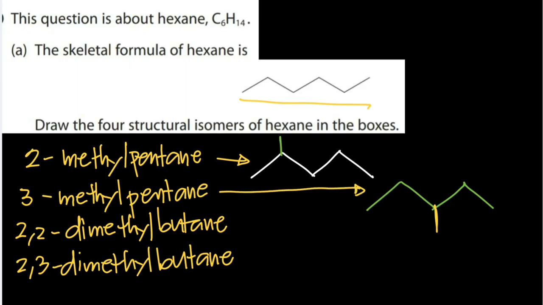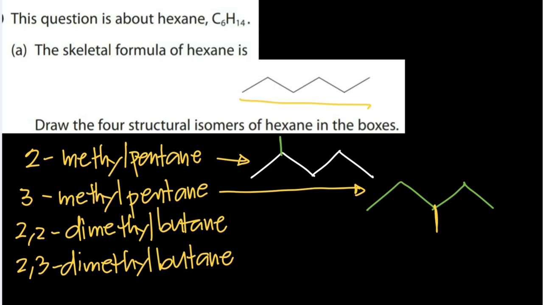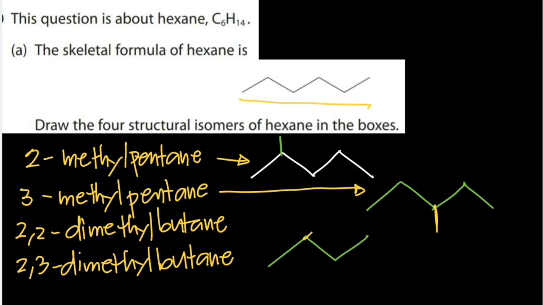Now we have 2,2-dimethyl butane. Butane has 4 carbons. So 1, 2, 3, 4. Okay. 2, 2. So 2 methyls attached on the second carbon. So it should be here. Okay.